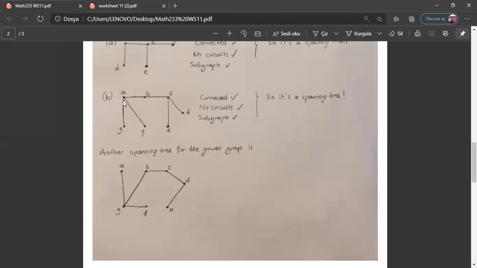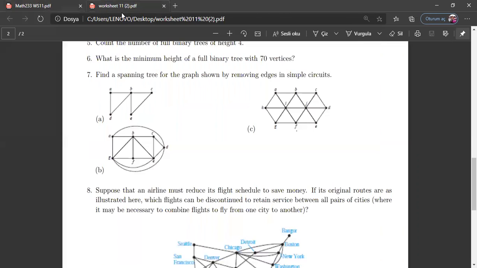Let's draw it on the given graph. Here we have A. So here we have this edge and this, and then this, and finally, okay, I made a mistake there.